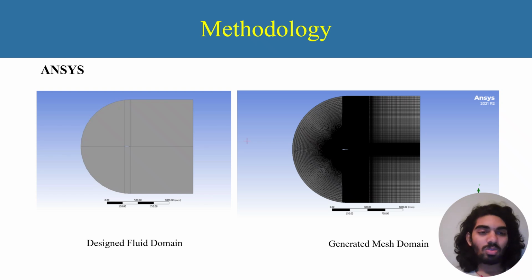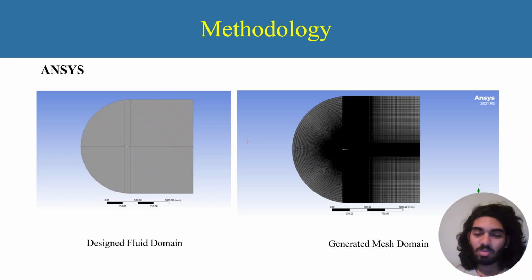In simpler words, first I imported the airfoil, then designed the domain, drew two lines, and split the surface. I gave the edge sizing, did the face mesh, and gave the bias factor.